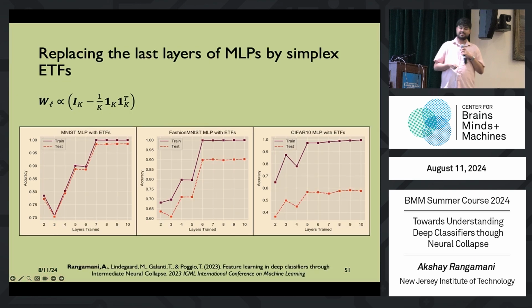And one more demonstration that we did was, you don't train the last few layers of your MLP. We only did this on an MLP, so we trained an MNIST MLP by fixing them. This is the number of layers trained. Here we train all of the layers, and here we replace the last layer by a simplex ETF, and over here the last 2 layers, last 3 layers, and so on.